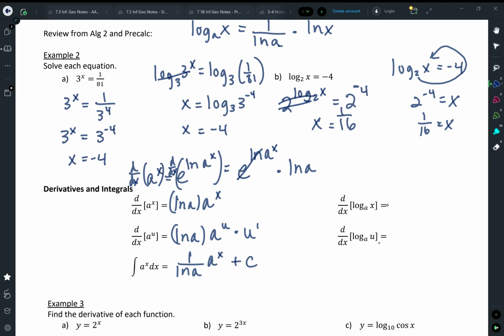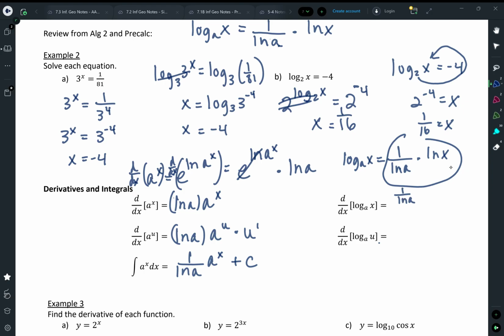Okay, over here I want to figure out my derivative of log base a of x, and so I want to think about how I can rewrite that one as 1 over natural log of a times natural log x. So then let's look at how I would take the derivative of that. 1 over natural log a is a constant, so I would just rewrite that.